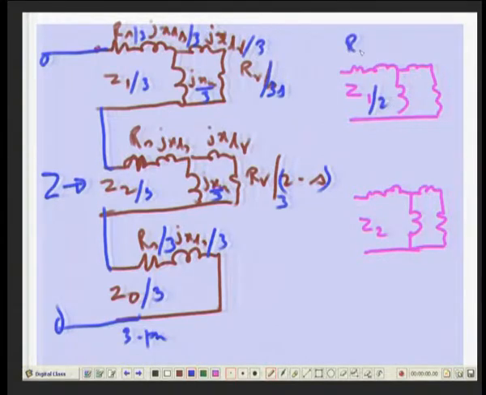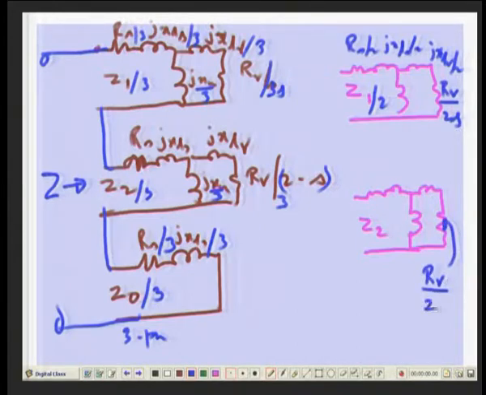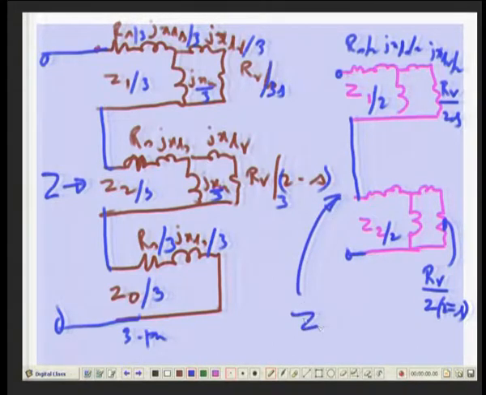So, it should be RS by 2, JXLS by 2, JXM by 2, RR by 2S, and here it is RR by 2 into 2 minus S. So, you connect them, and this will be your Z, okay.